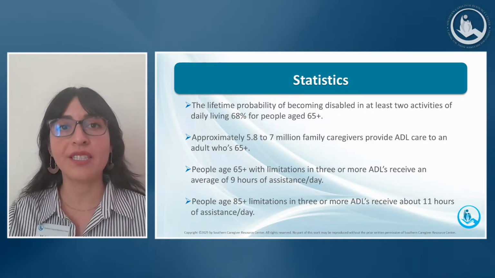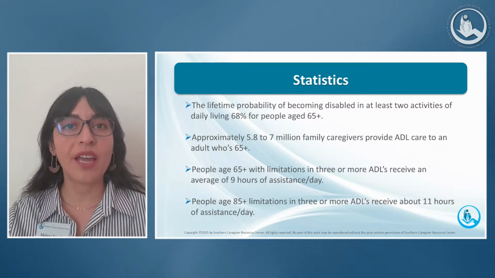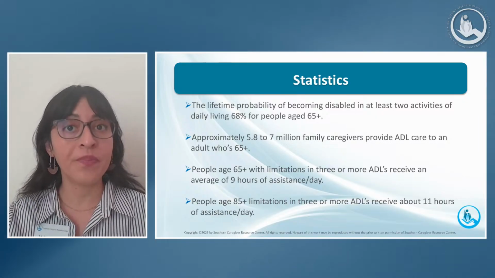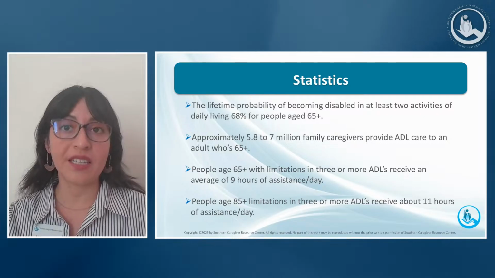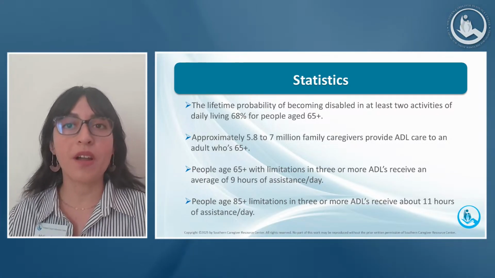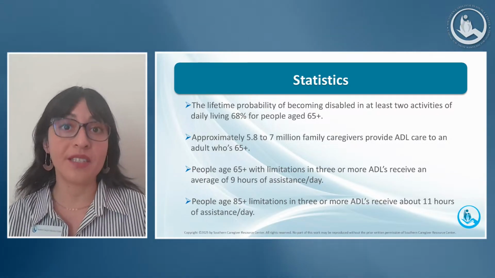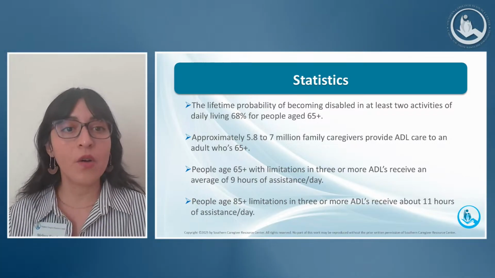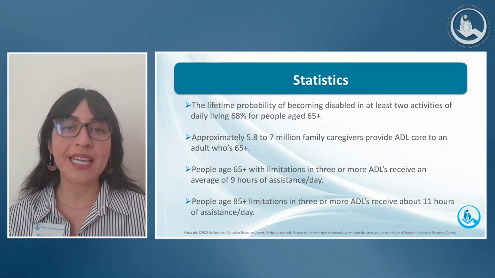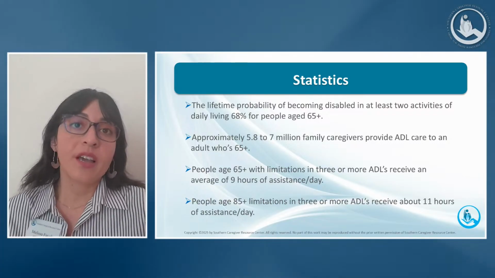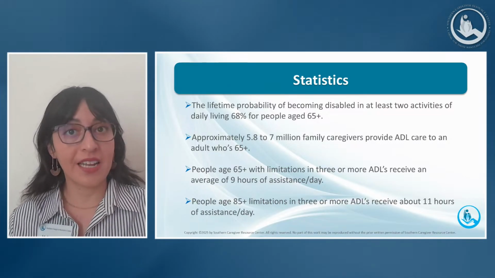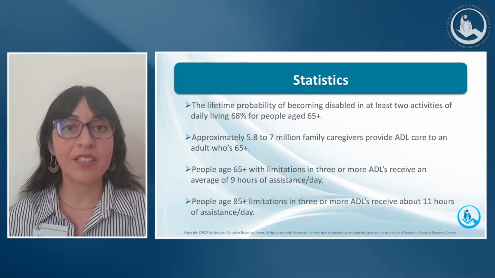And the very last point states that people age 65 and older have limitations in 3 or more activities of daily living, and they receive approximately 11 hours of assistance per day. And, compared to the last point, we do see that there's an increase of hours per day. And of course, we do see that there's a difference in age, right? We see that there's a 20-year difference in age.